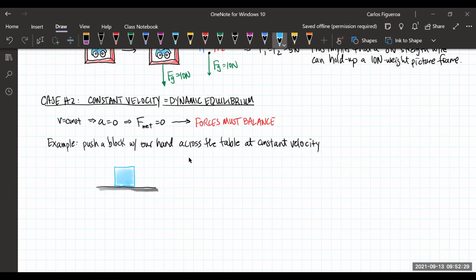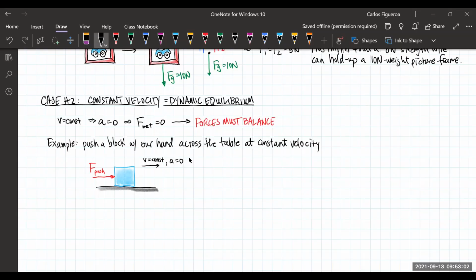and what I'm going to do here is that I'm going to come in with my hand and push with my hand from behind. So I'm going to push. This is going to be my pushing force. And because I know that the velocity is equal to a constant, that also means that the acceleration must be 0. So the only way that this could be true here is that there has to be an opposing force.